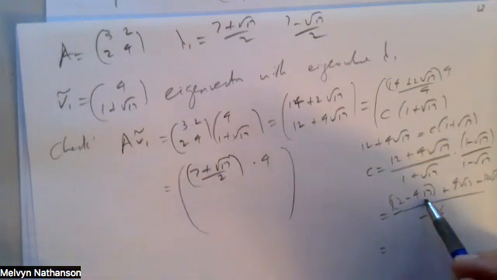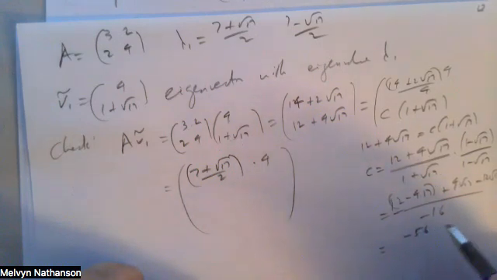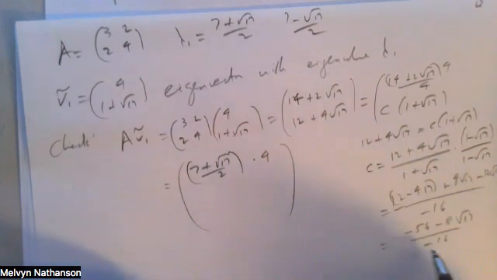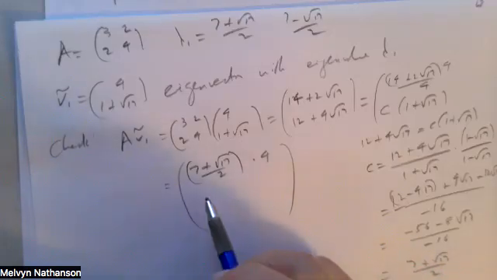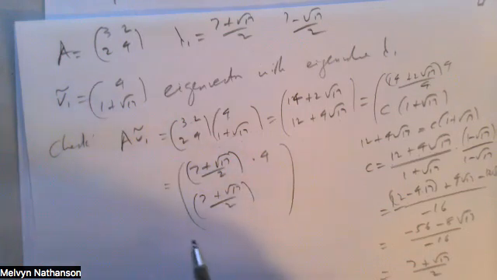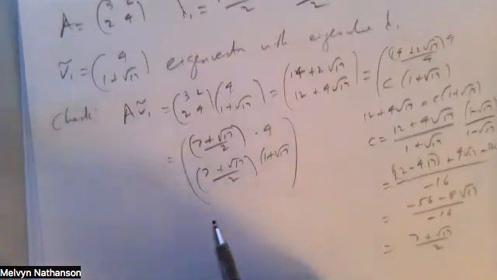So 12 minus 4 times 17, that's 68. So this is minus 56 minus 8 root 17 over minus 16. Divide by minus 8, I get 7 plus root 17 over 2. So this is actually 7 plus root 17 over 2 times 1 plus root 17.